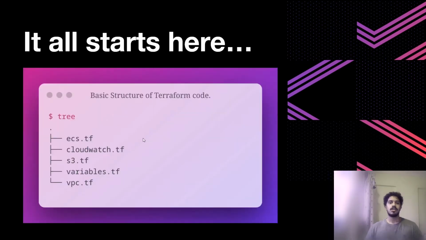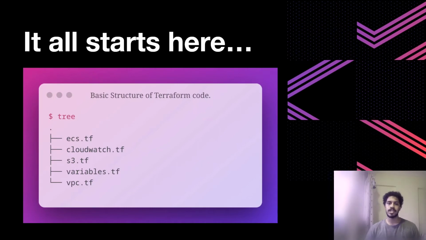So yeah, all the basic Terraform code always starts from this very familiar tree structure where we have a production folder, and in the production folder we create multiple files with things like ECS, CloudWatch, S3, variables, VPC, and we just keep these files in a single folder.